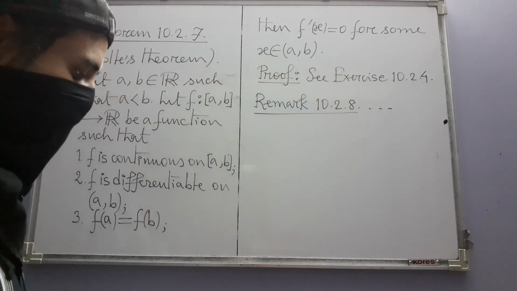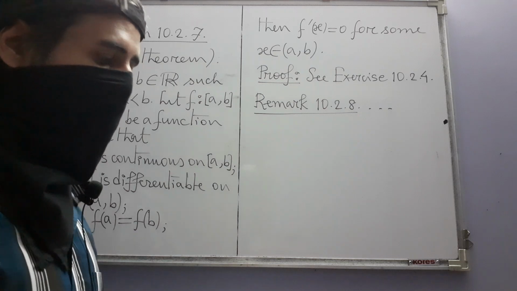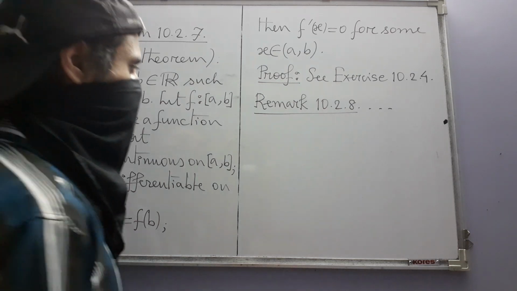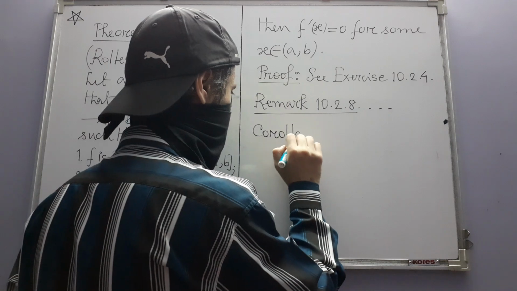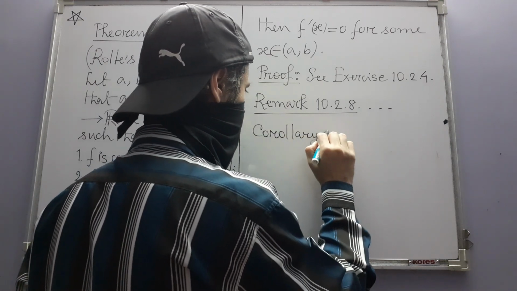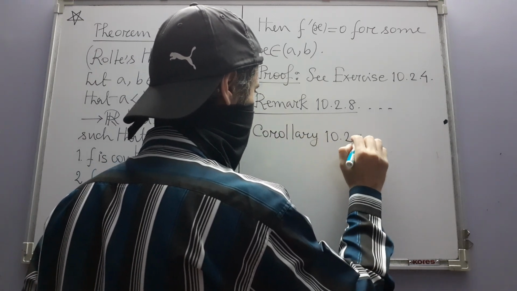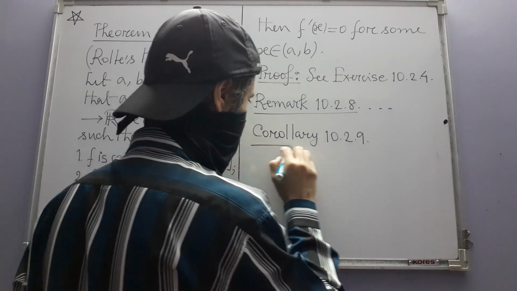And finally, Rolle's theorem has a very important corollary, which is the well-known mean value theorem.